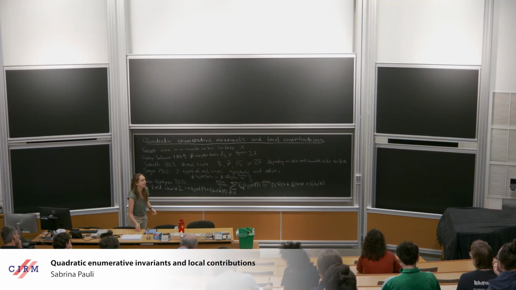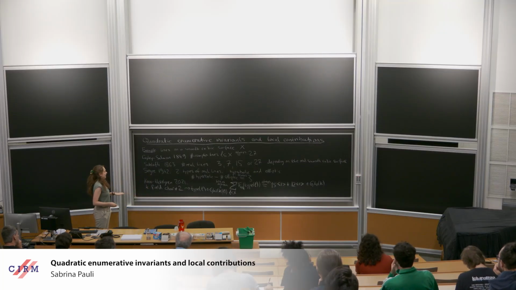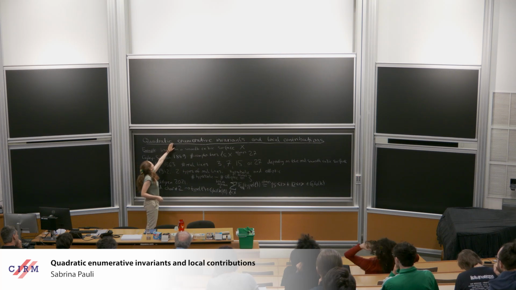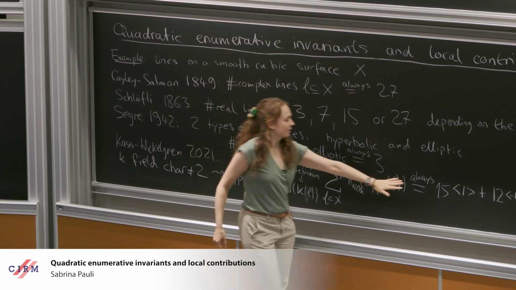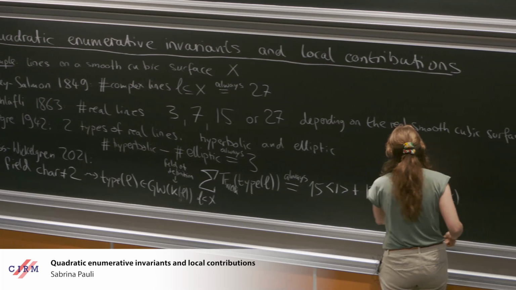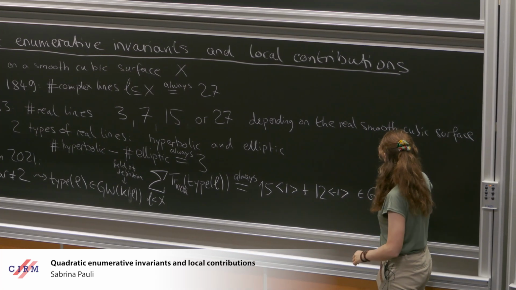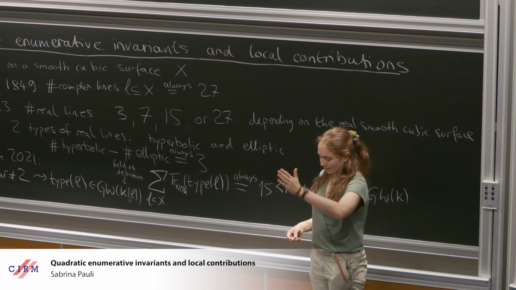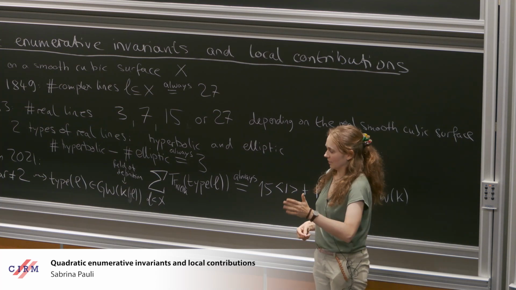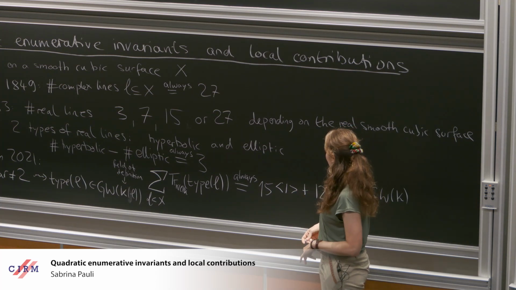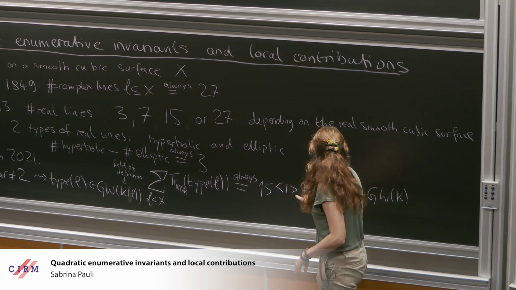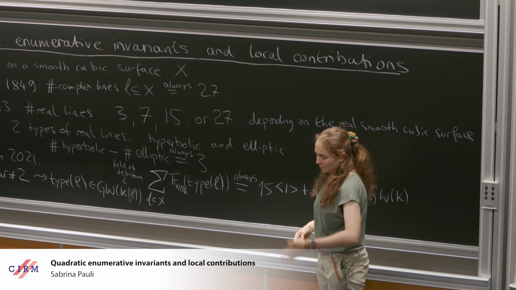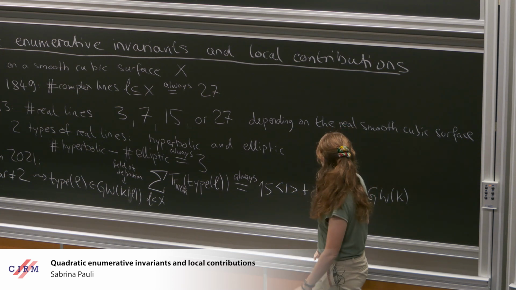Okay, so the plan I made for today is to actually compute this 15 times 1 plus 12 times minus 1 in brackets in the Grothendieck-Witt ring. And I thought it would be nice to use Marc's localization result from yesterday to actually compute this. This was not computed using Marc's localization result, but you can compute it like this.